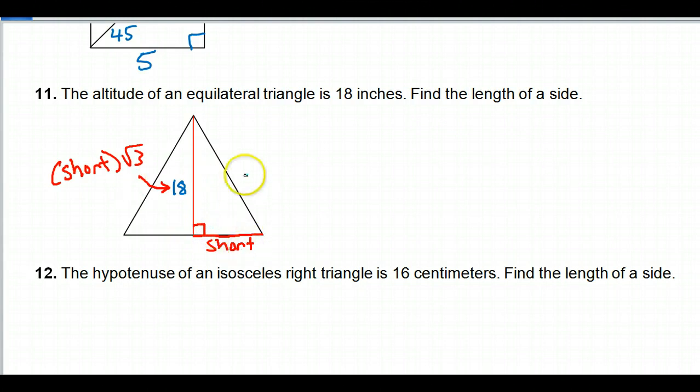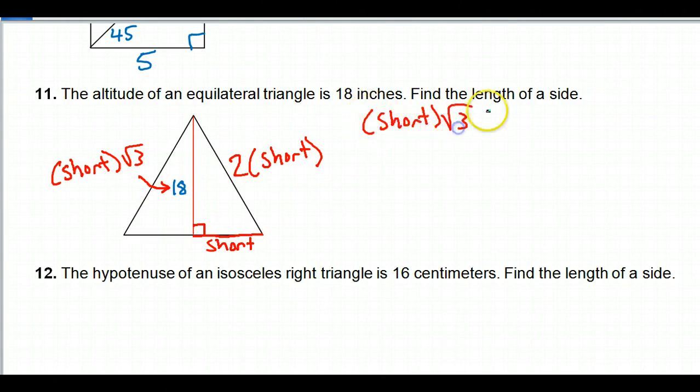Okay, so I've got short root 3, and then the hypotenuse, which is what we're really looking for, as always, will be 2 times the short leg. We have to use the only number we're given, the 18, but as you can see, the 18 should equal short root 3. They are in the same position. So I'm going to write that over here.